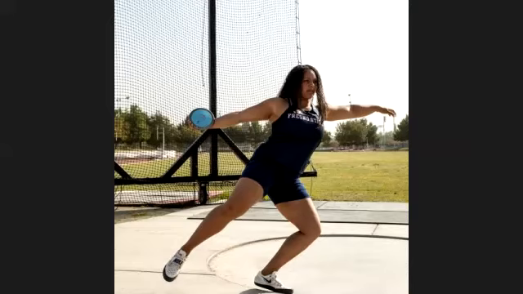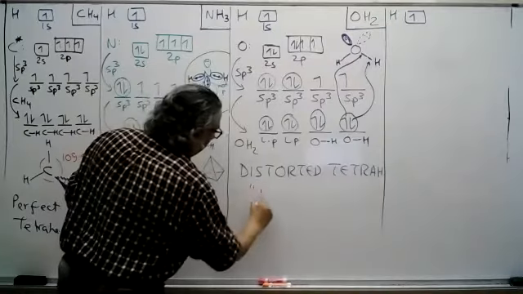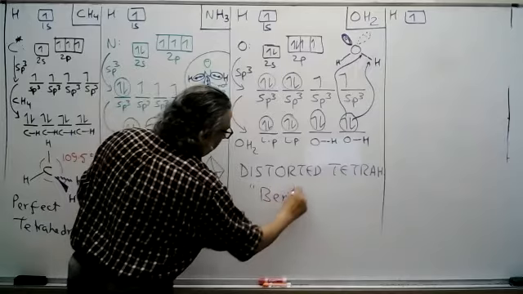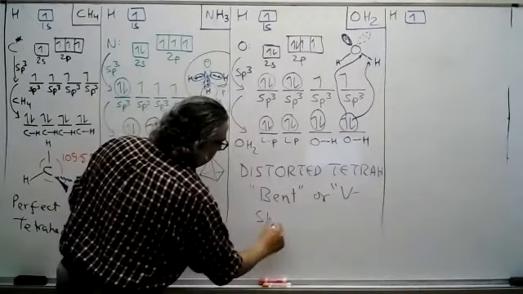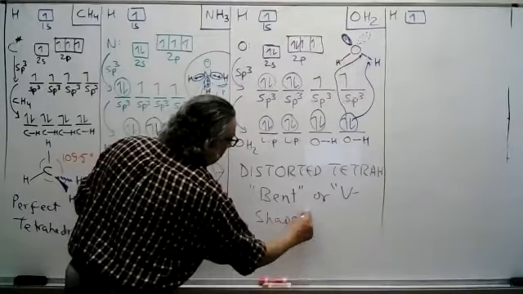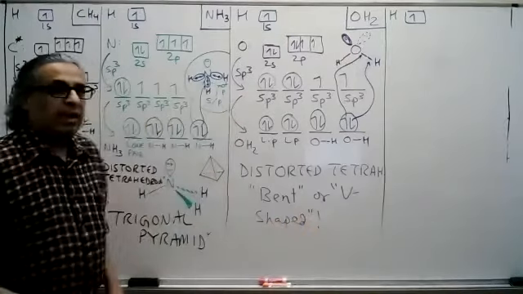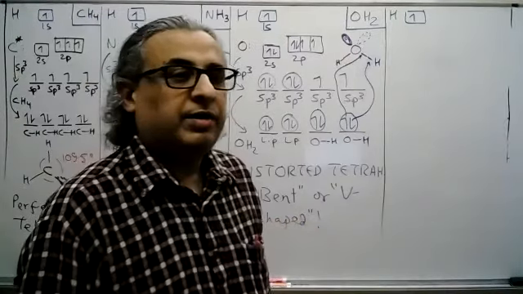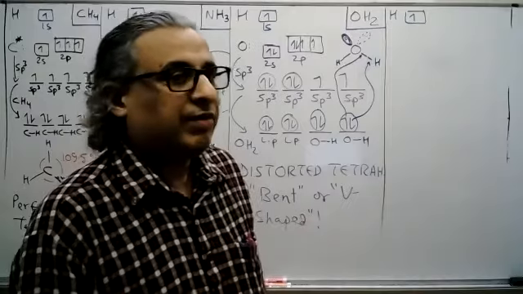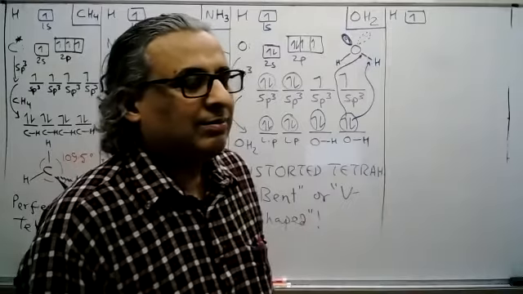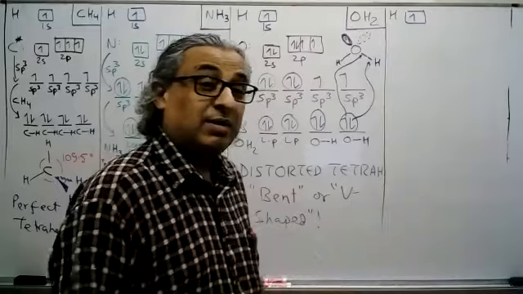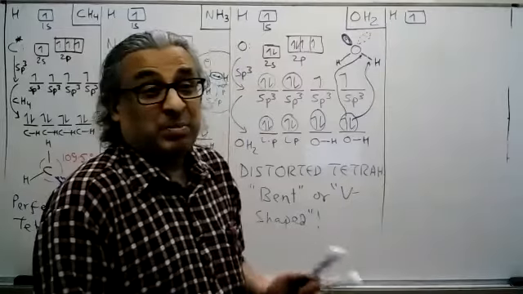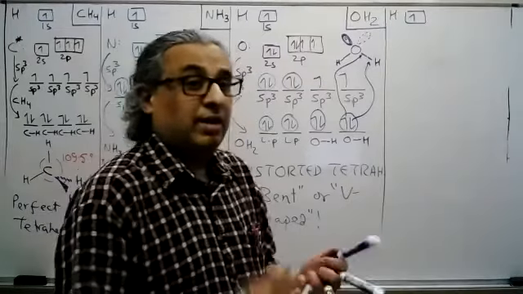V. You can call it bent, or even V-shaped. If you forget, write distorted tetrahedral. If you cannot remember distorted tetrahedral, come up with a word that means distorted, or you can say bent or V. Don't say linear, that's bad.